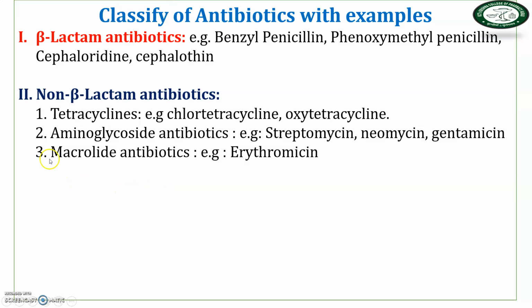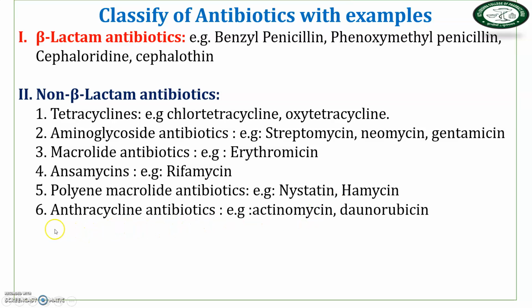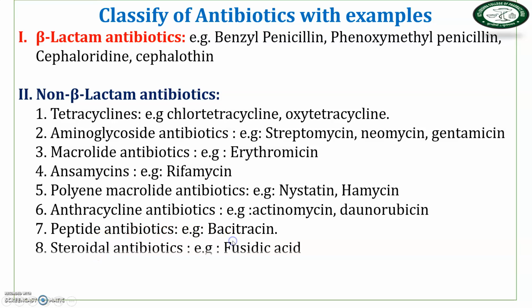Number 3 is macrolide antibiotics, example erythromycin. Number 4 is ansamycin, example rifamycin. Fifth is polyene macrolide antibiotics, example nystatin and hamycin. Sixth is anthracycline antibiotics, example actinomycin and daunomycin. Seventh is peptide antibiotics, example vasopressin.